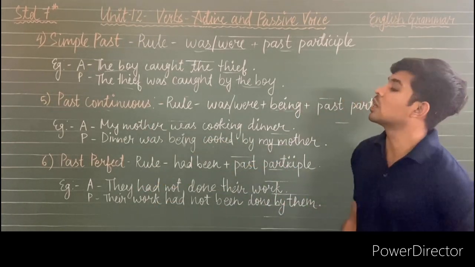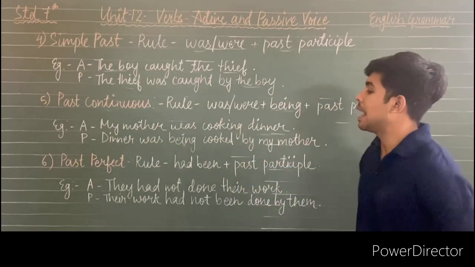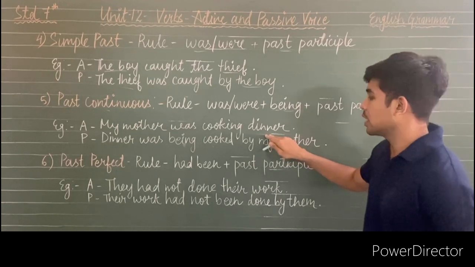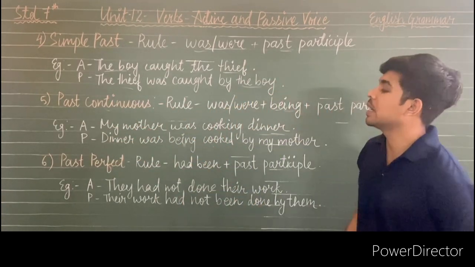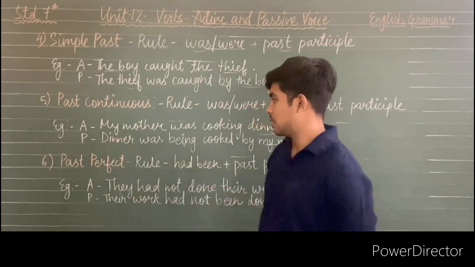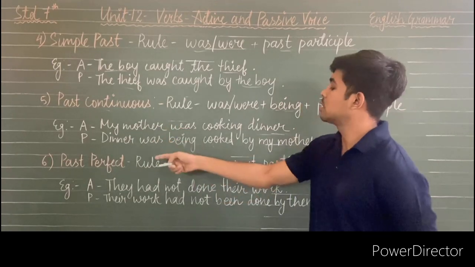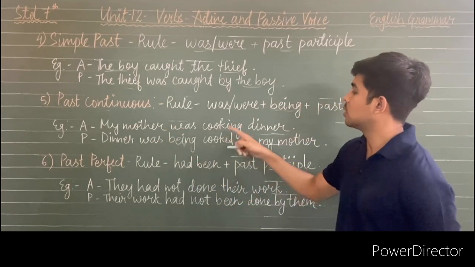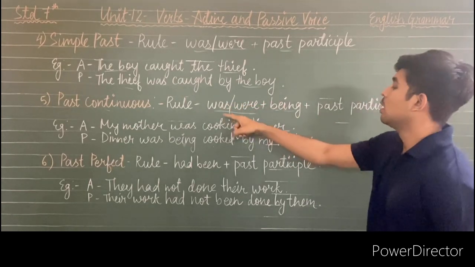So if we want to convert it into the passive voice, we'll put the object of the active voice at the start of the sentence. So it will become: dinner was being cooked. So was being cooked is taken with the help of this rule.